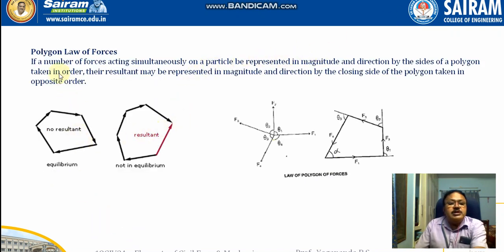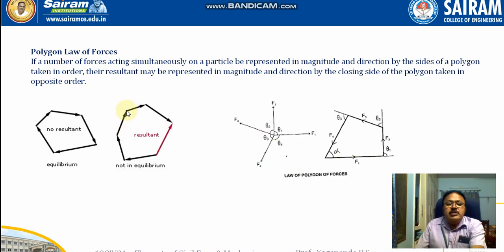Polygon law of forces. If a number of forces acting simultaneously on a particle are represented in magnitude and direction by the sides of a polygon taken in the order, then their resultant will be represented in magnitude by the closing side of the polygon.